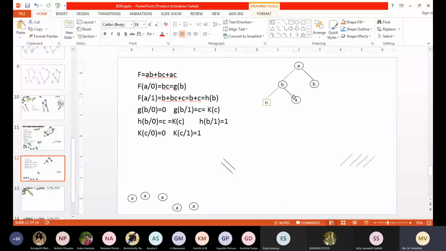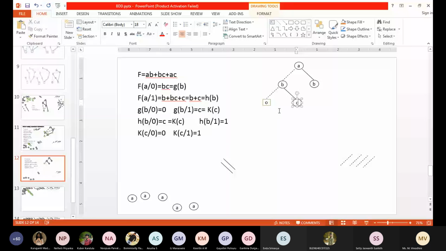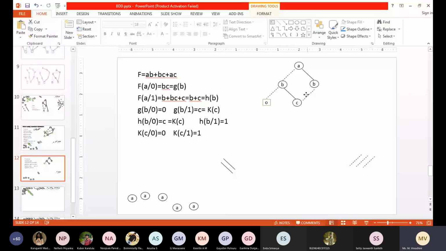K of C. This is K of C. When this is H of B, H of B, when it is 0, it is going to K of C. H of B, when it is 1, it is going to 1.